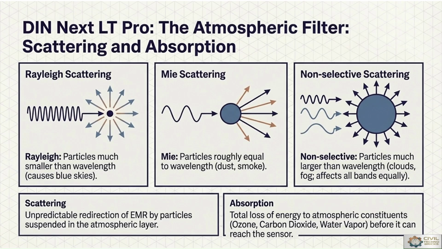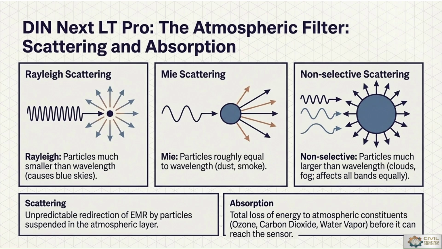And the third one, non-selective scattering, where particles are much larger than wavelengths, like clouds and fog, which affects all bands equally. Due to these three scatterings, the actual electromagnetic radiation is disturbed, and it may change its path, or it may get scattered, or it may get absorbed.